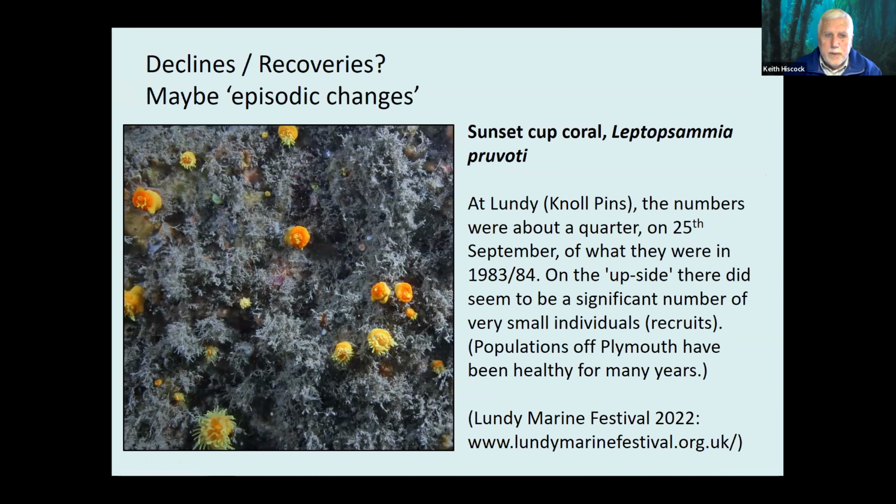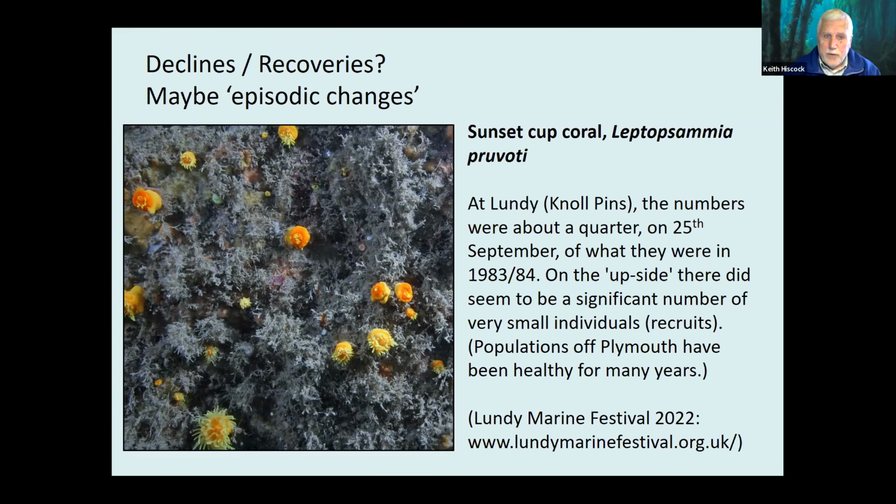Here's another one. This is particularly pertinent to my interest. This is a colony of sunset cup corals, Leptopsammia pruvoti, at Lundy. Now, I found Leptopsammia for the first time in British waters at this precise location in September 1969. So obviously I'm taking a particular personal interest in the abundance of them.